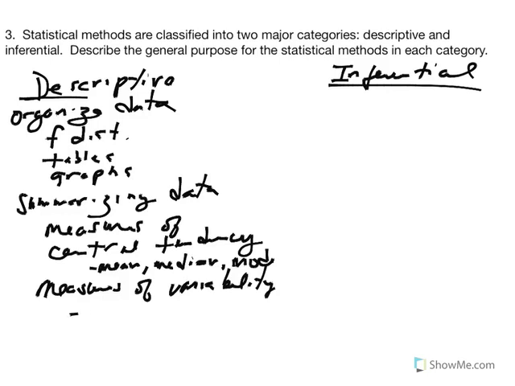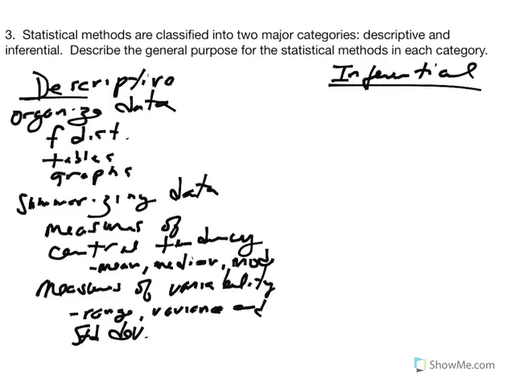And those include the range of scores, the variance, and standard deviation. Okay? Essentially, the descriptive statistics will fall into chapters 1 through 4. And again, it's just helping us to take the data that we've collected and present it in a way that it tells a story. Inferential statistics is the next step.